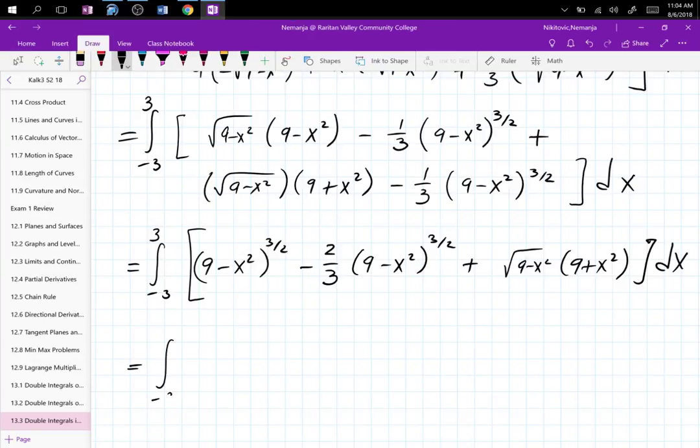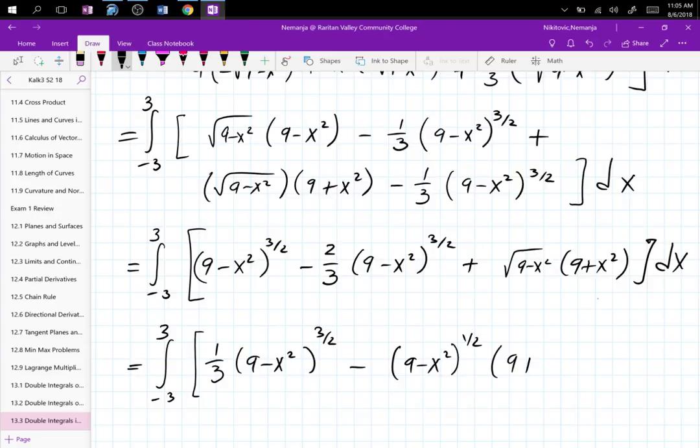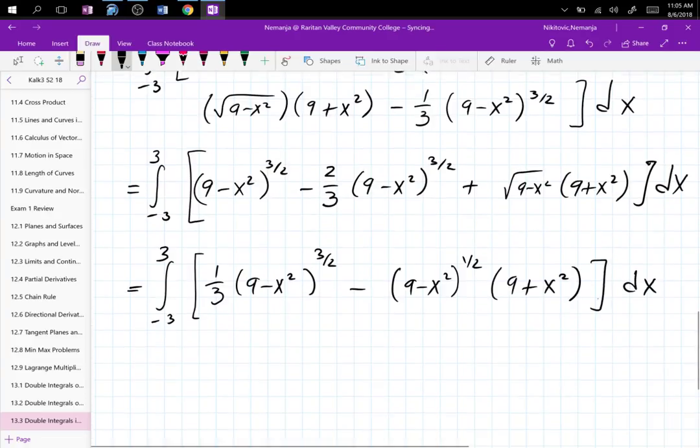So I have negative 3, 3, this is 1/3, 9 minus x squared to the 3/2, minus square root of 9 minus x squared, maybe I can put that to the 1/2 now, so we are going to try to combine this as much as possible before we attempt any integration dx.